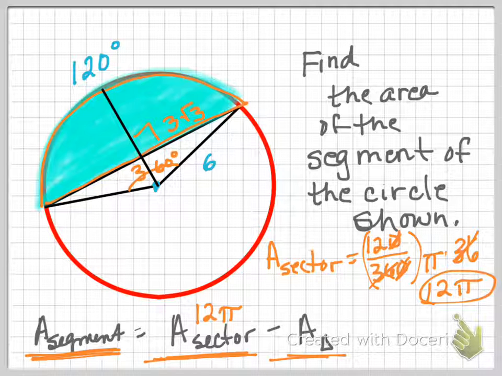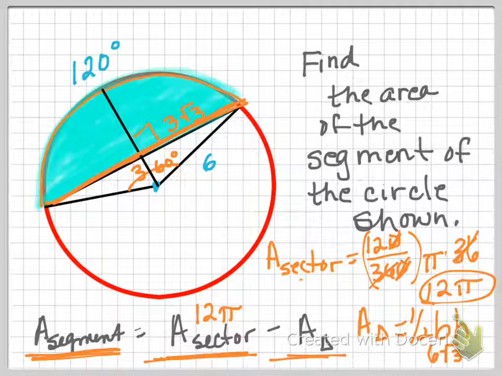So now, the area of a triangle is 1/2 base times height. My base of my whole triangle here is going to be 6 square root of 3.